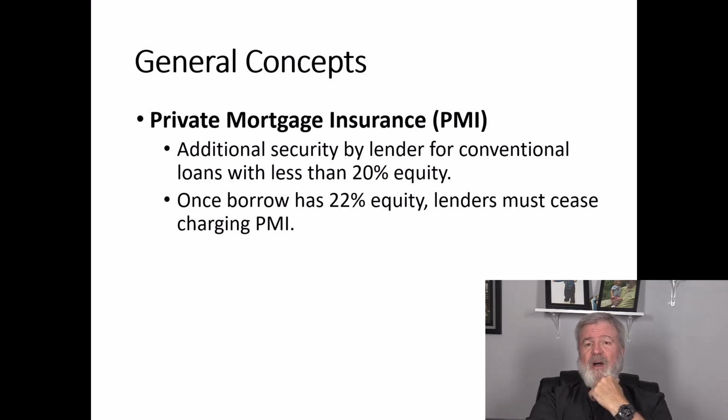But I will tell you, for the typical loan in our market, mortgage insurance is anywhere from say $120 a month, $150 a month. It could be a lot more, could be less, depending on the loan amount. But I'm just saying a typical amount is $120, maybe $150 per month. And that's tacked on to your house payment.